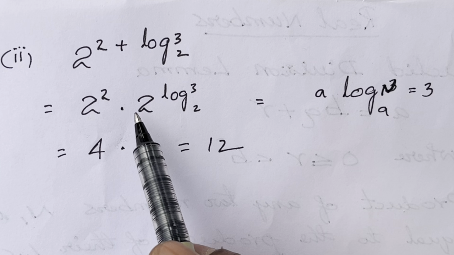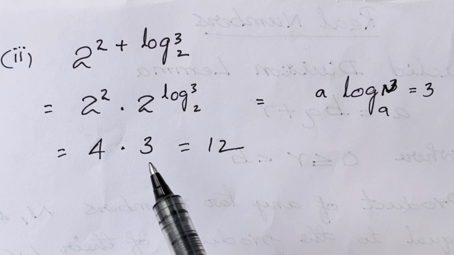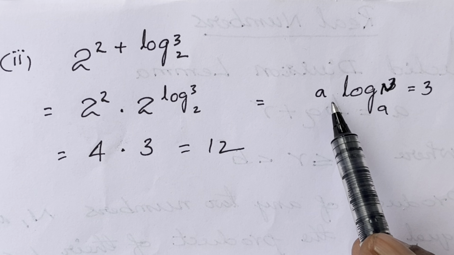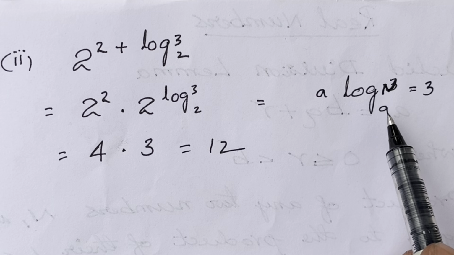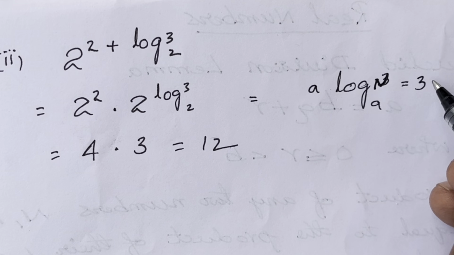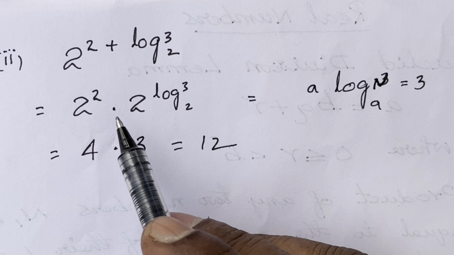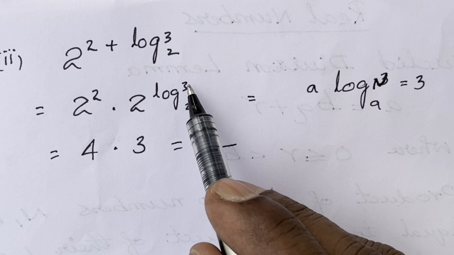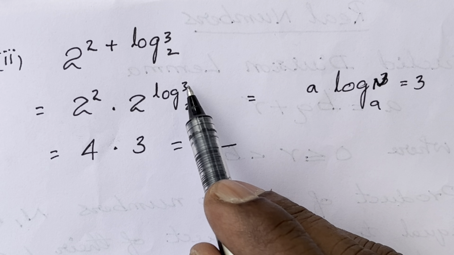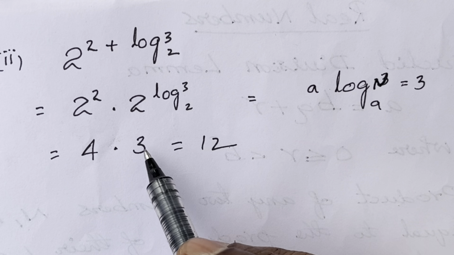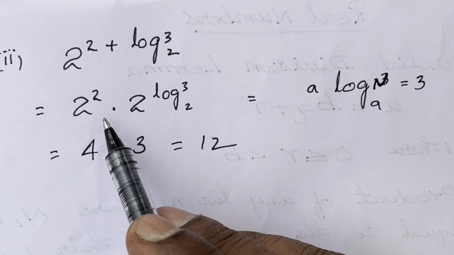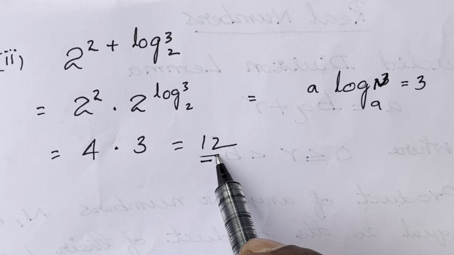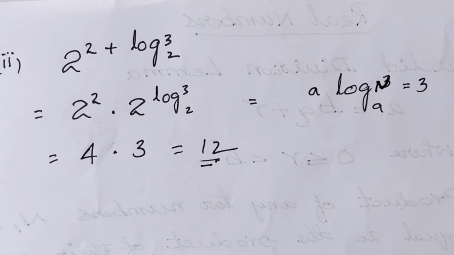From that concept point of view, we are bringing it back here. Then according to the seventh law, a to the power of log n base a is equal to n. Here 2 square means 4, and 2 to the power of log 3 base 2, when the base and log base are the same, the value 3 will be the final value. So 4 into 3 is equal to 12. This is the important sum.